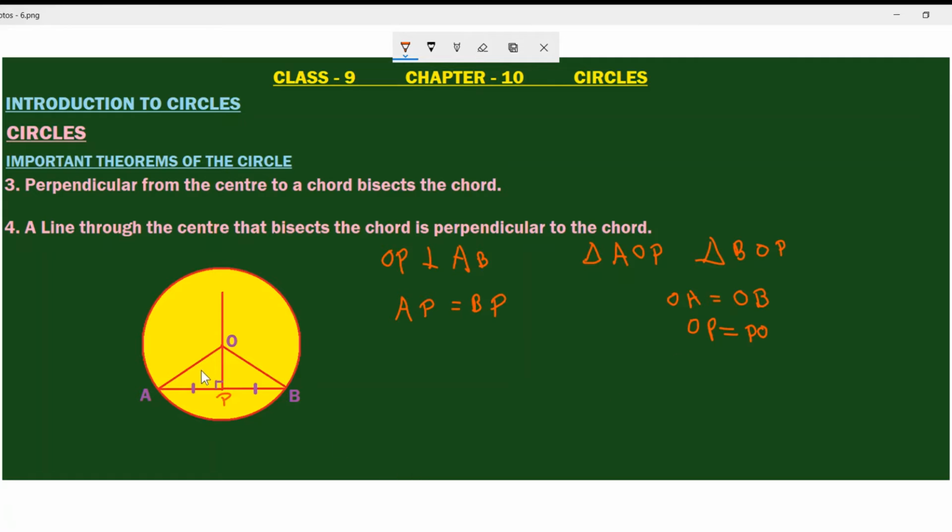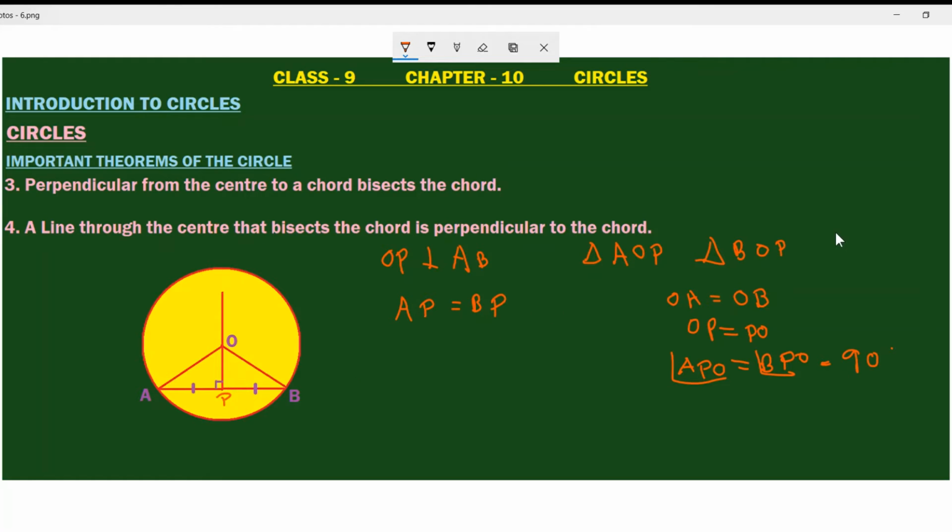And if this is perpendicular, then this angle will be 90 degrees. We know if one line is perpendicular to another line, then both lines make a 90 degree angle. So angle APO is equivalent to angle BPO, both are 90 degrees.